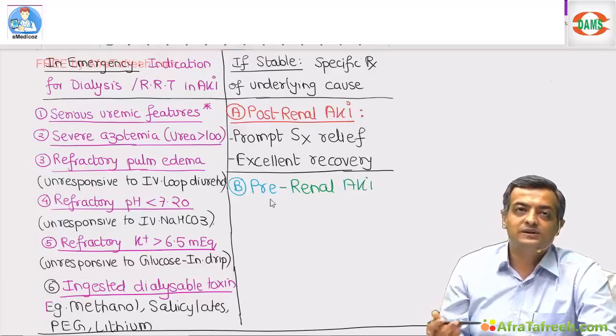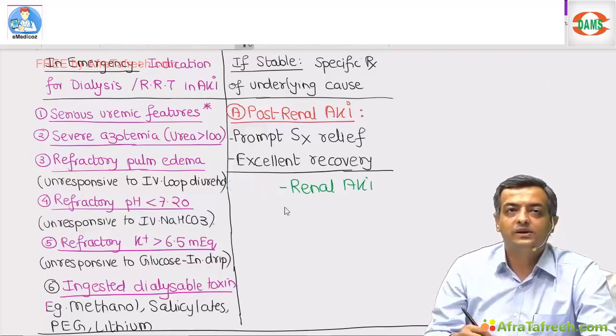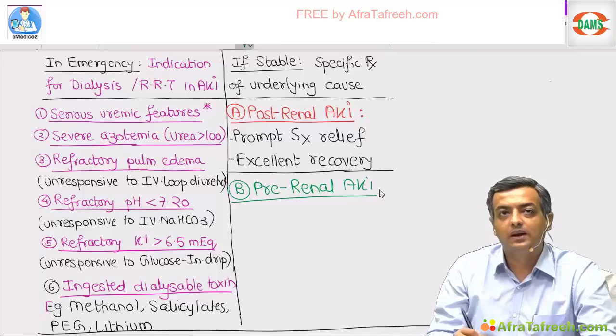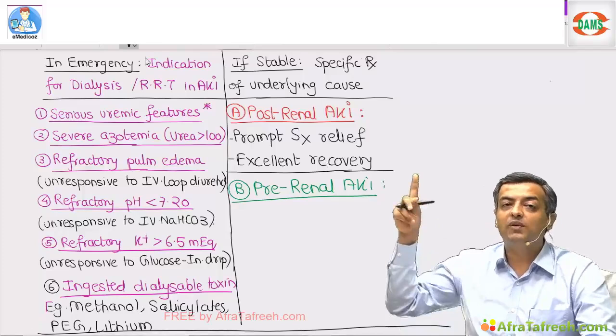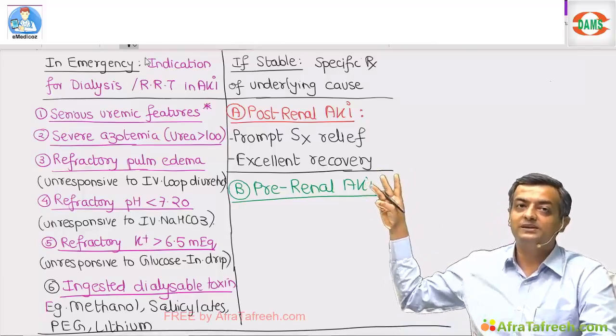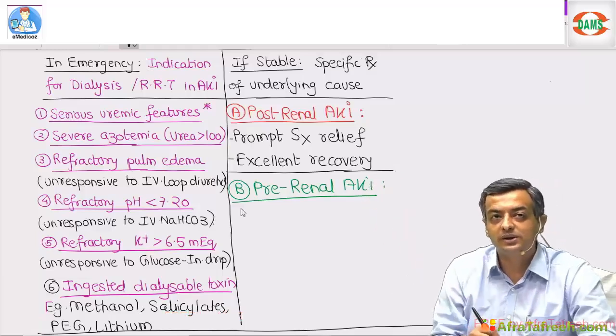The patient was suffering from B, the pre-renal AKI. Remember the causes of pre-renal AKI? Hypovolemic shock, cardiogenic shock, septicemic shock, and drugs disrupting autoregulation.